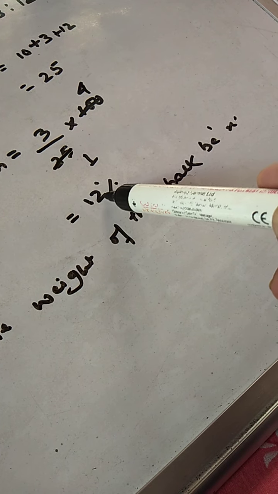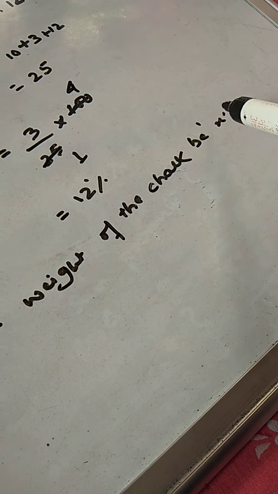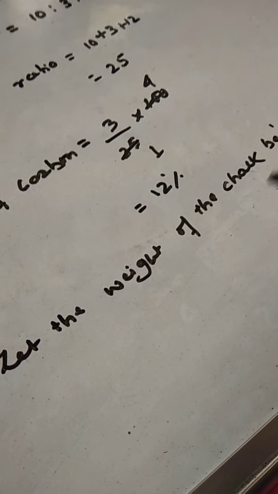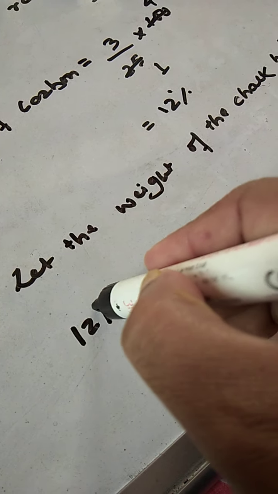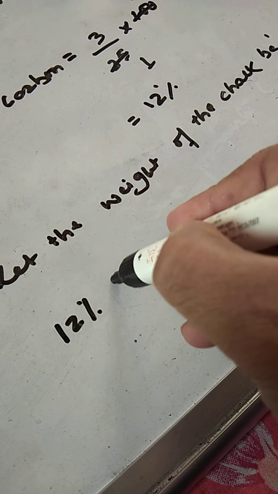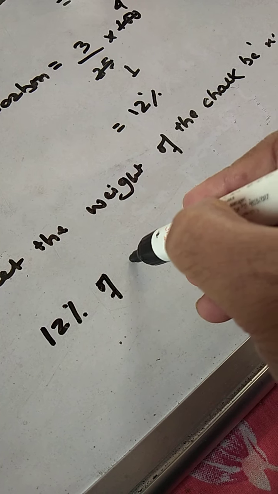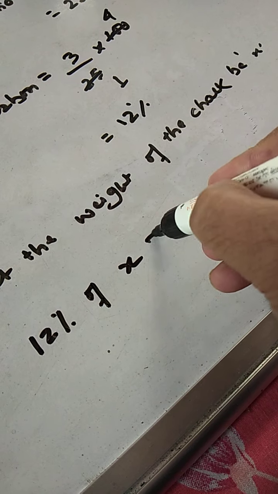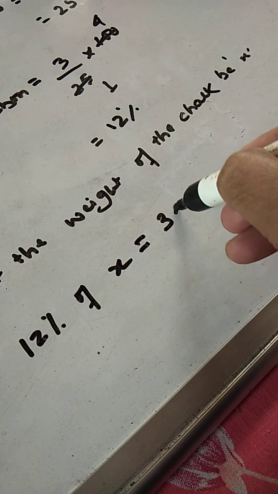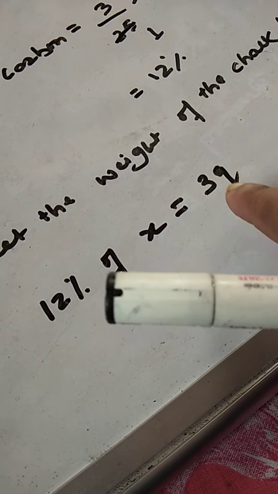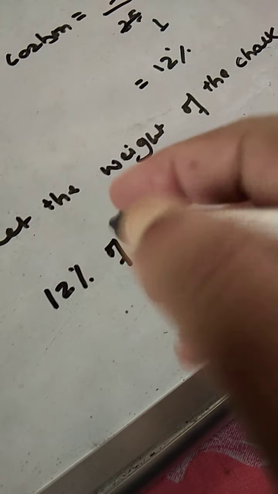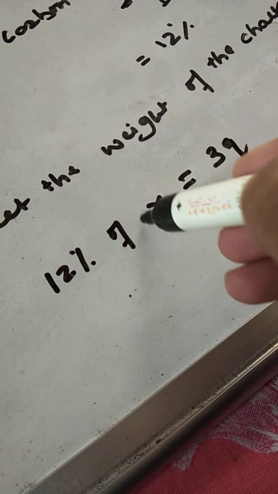Now 12% of the total weight of chalk is given as 3 gram. That is, 12% of carbon, or you can say 12% of the total weight of a chalk, that is x, is equal to 3 gram. This value is already mentioned in the question. Now we have to get the value of x.